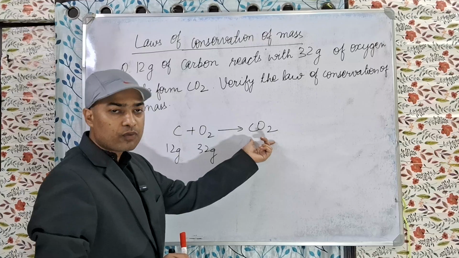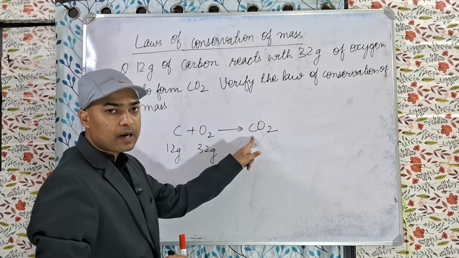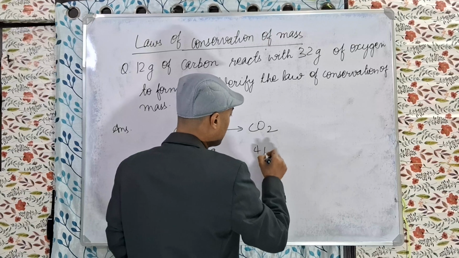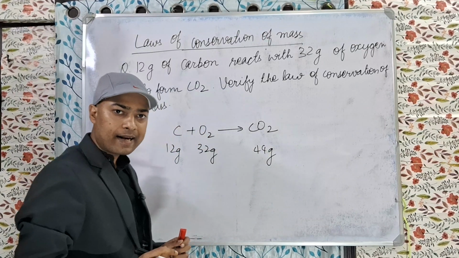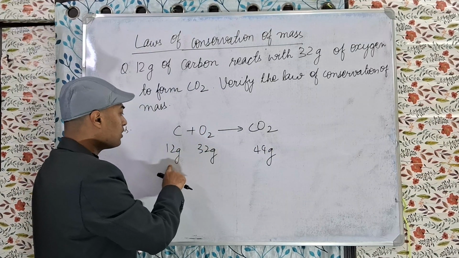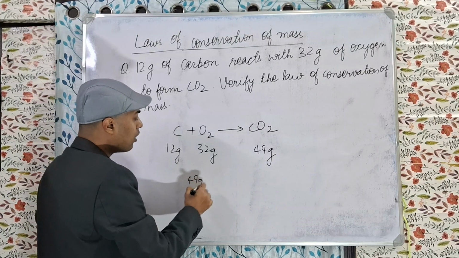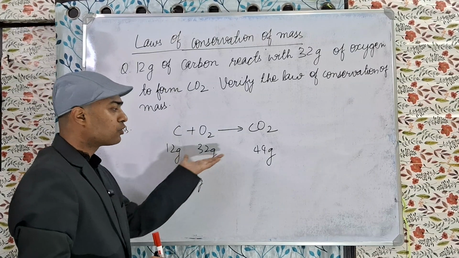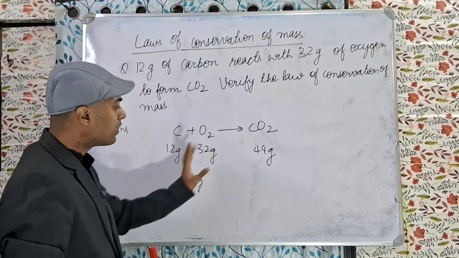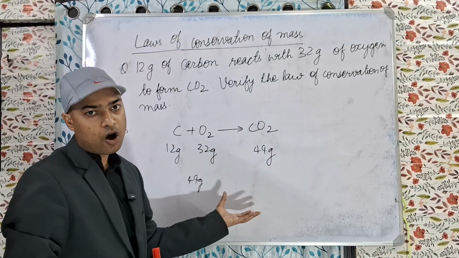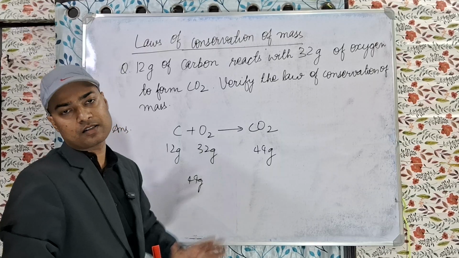Now what is the mass of 1 mole of CO2? 12 gram of carbon plus 32 gram of dioxygen, that is 44 grams. And here if you add the mass of reactants, you will also get 44 grams. Since mass of reactant is equal to mass of product, it follows law of conservation of mass.